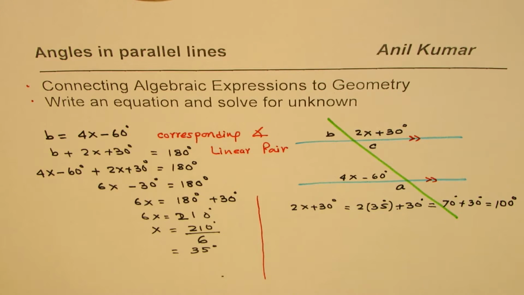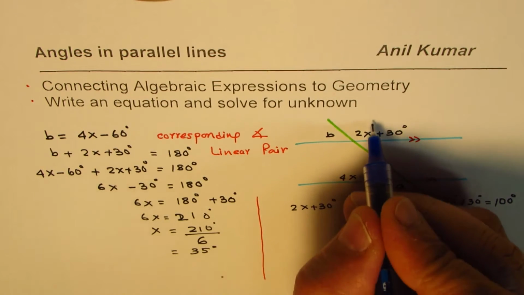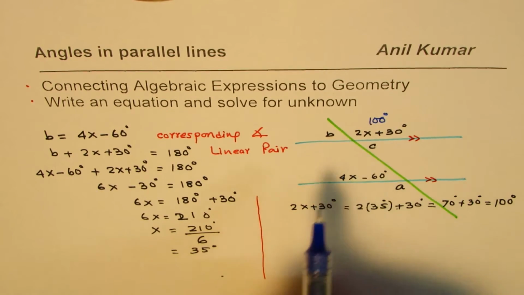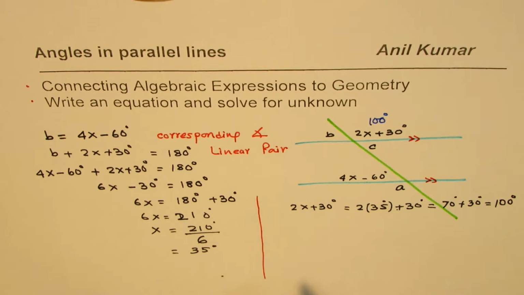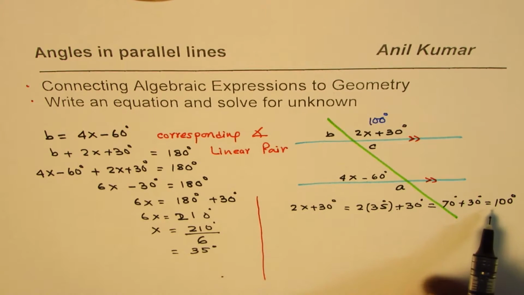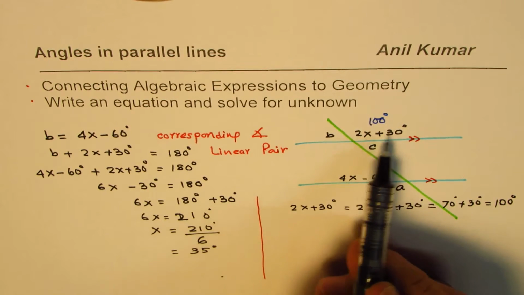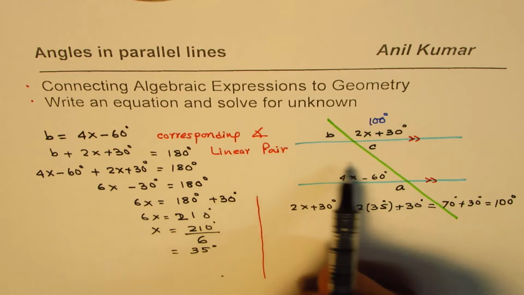So we can write 2x plus 30 degrees as 100 degrees. Once we know that this is 100 degrees, we can write all other angles, correct? So instead of replacing x and calculating, which you can always do to verify, once we get one of these angles, we can get all the other angles.